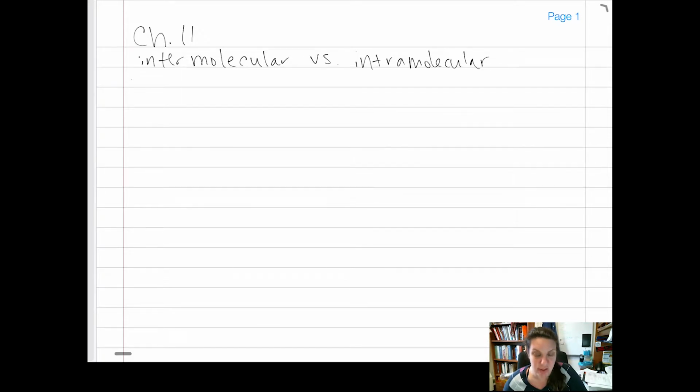With intermolecular forces, we're talking about things like ion-dipole, dipole forces, things that hold different molecules or ions together. Intermolecular forces are weak, under 100 kilojoules per mole, while intramolecular can be anywhere between 100 and 5,000 kilojoules per mole, so significantly stronger.